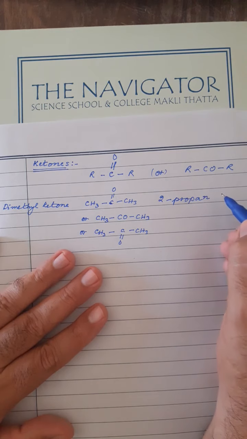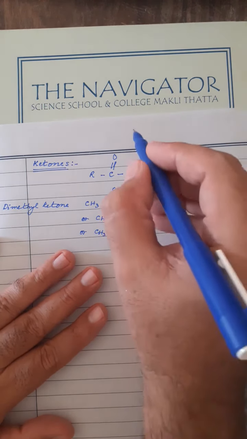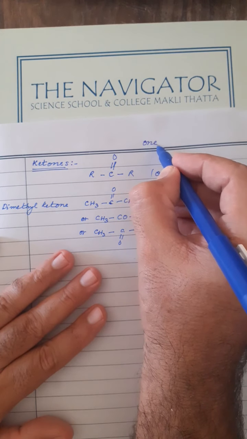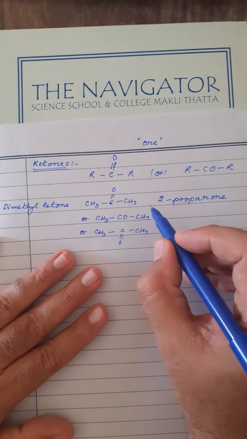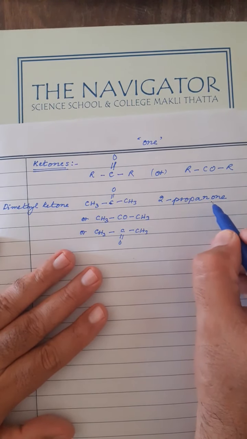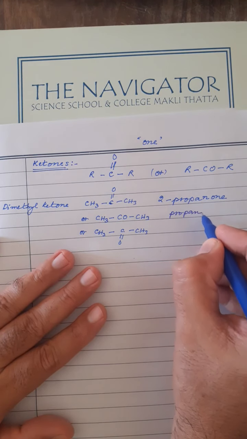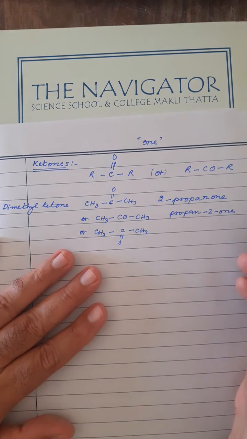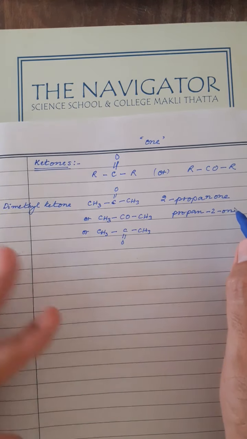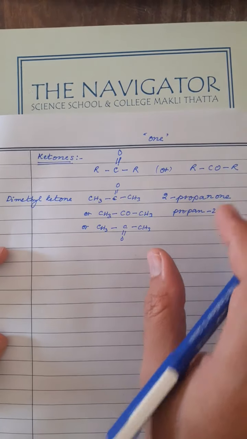Just don't write the E and replace the E with O-N-E, because O-N-E is the suffix of ketone. Propanone, 2-propanone. Okay, you can write propane without E, 2-one. Also same thing.